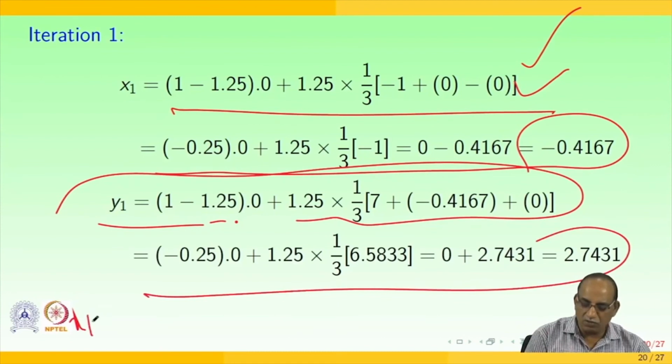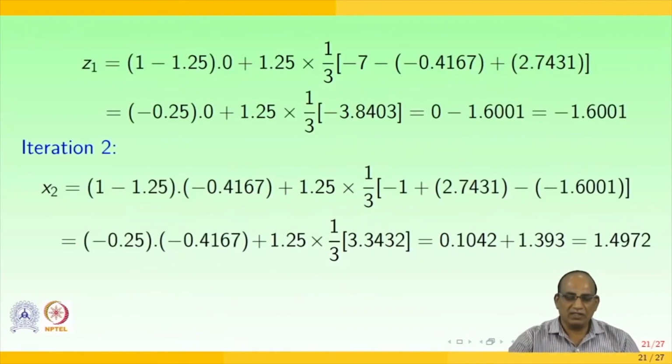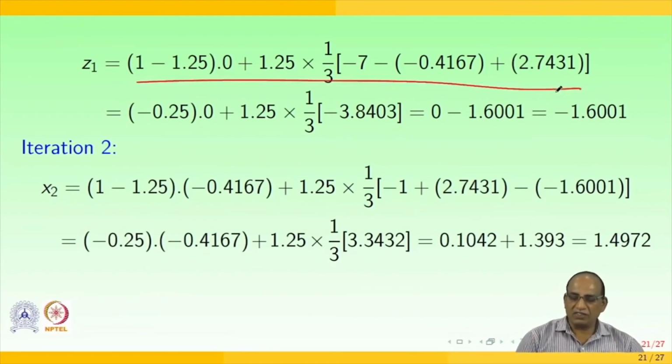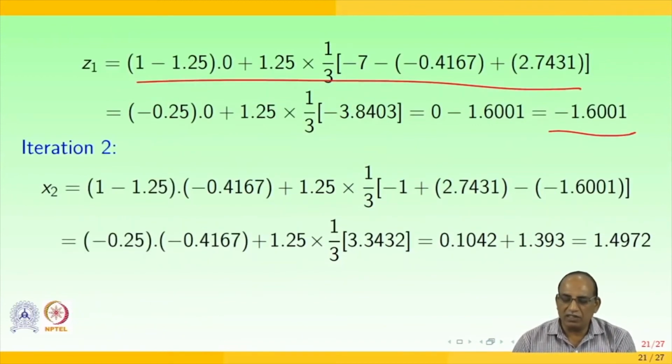So x1 ultimately is minus 0.4167, and y1 is 2.7431. Similarly for z1 you get the vector like this. So in the first iteration, x1 is minus 0.4167, y1 is 2.7431, and z1 is minus 1.6001.